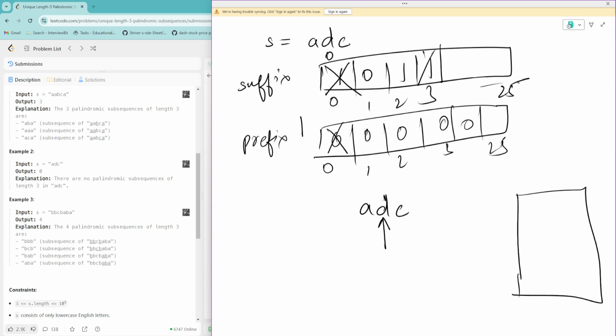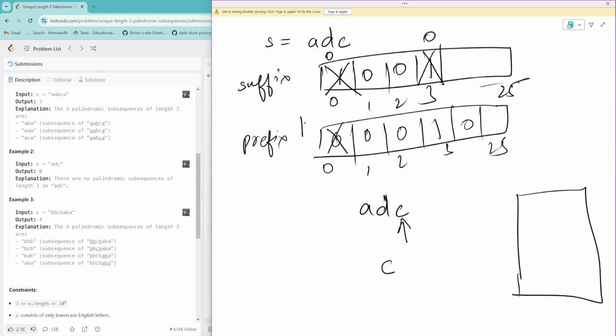I'm at D. The suffix of the character D would be decremented by 1. It would be 0. Then I would check any element that exists prior to D. Yeah, we have A. Is there any A after it? No, there's not. Bad luck. Before moving to the next character, we increment our prefix. We are at C. Decrement it. Is there any element prior to C?